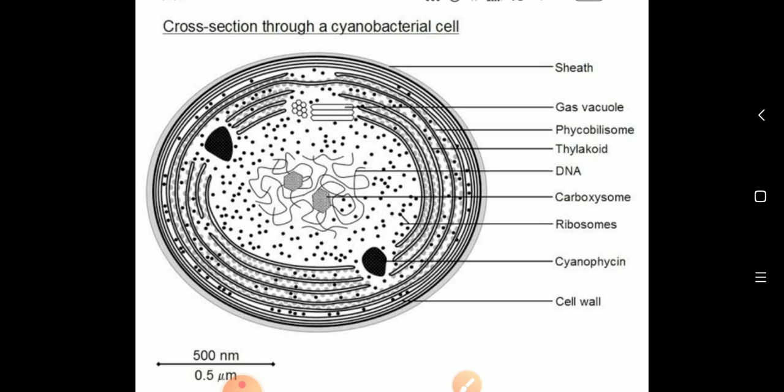These thylakoids have phycobilisomes on their outer membrane, which provide blue-green color to these cyanobacteria, and the middle, that is endoplasm, has DNA, which is a kind of double-stranded DNA known as nucleoid. It's a prokaryotic feature that it contains a primitive type of nucleus having no nuclear membrane outside.